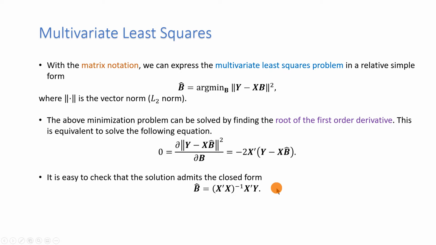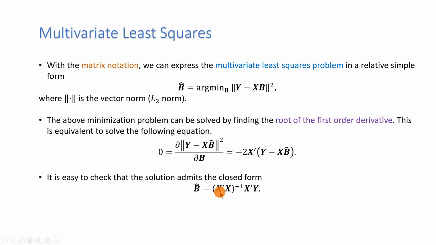And after we have reviewed this closed form of the least square estimator B hat, we are able to use that to explain why we need to impose the low dimension assumption that n is greater than p, right?